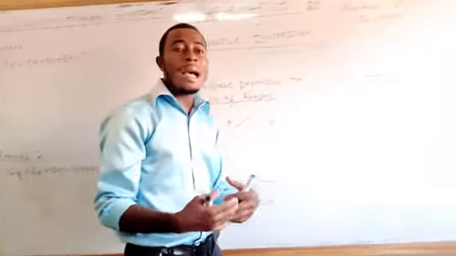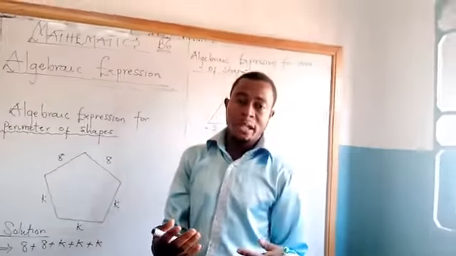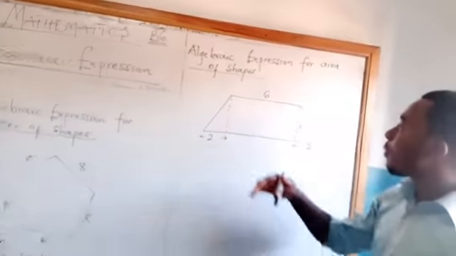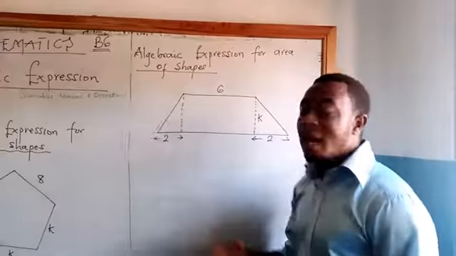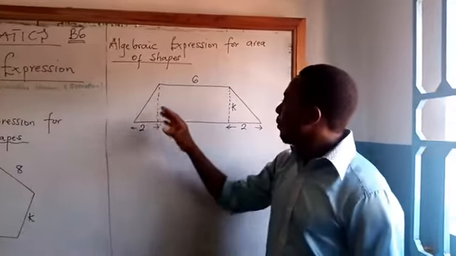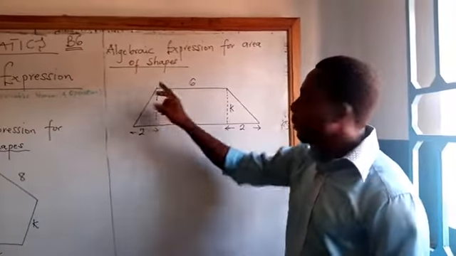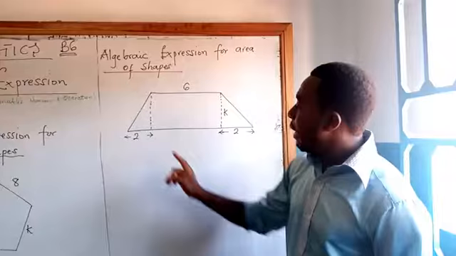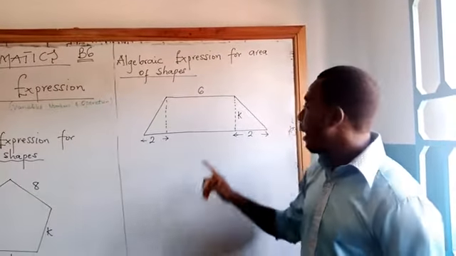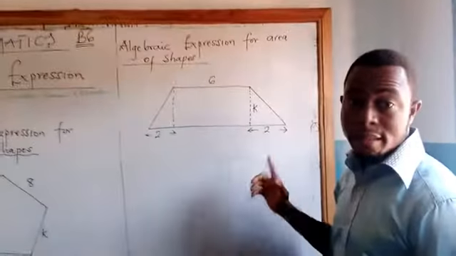Alright, so we want to look at how we can also use algebraic expressions to calculate for area of shapes. Now this shape has a rectangle in the middle, and then it has a triangle on the left and another on the right.